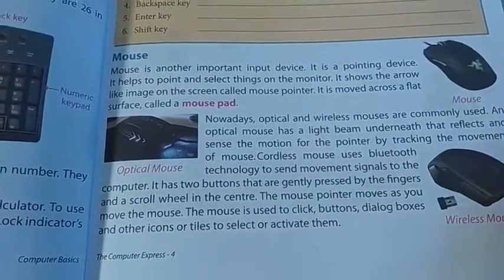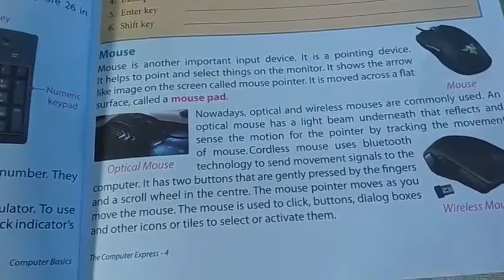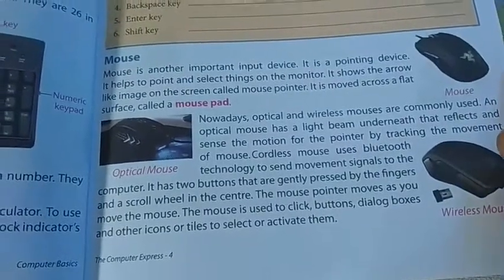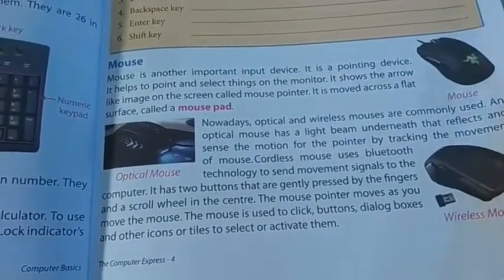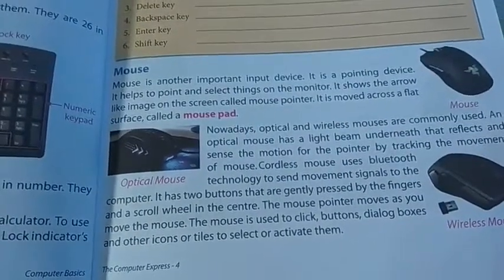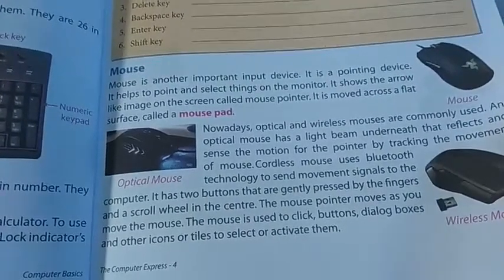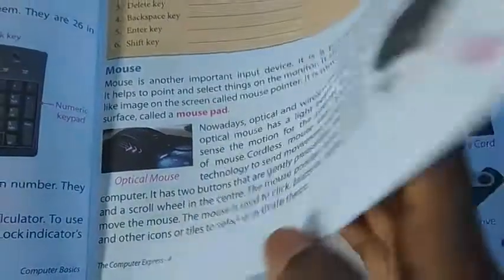It has only two buttons and a scroll wheel in the center. The mouse pointer moves as the mouse moves. The mouse is used to click buttons, dialog boxes and other icons on the screen.